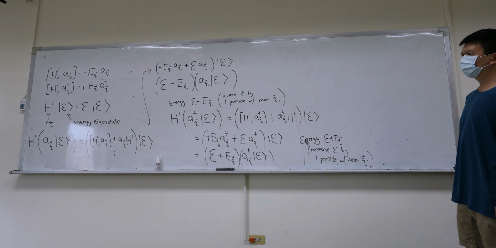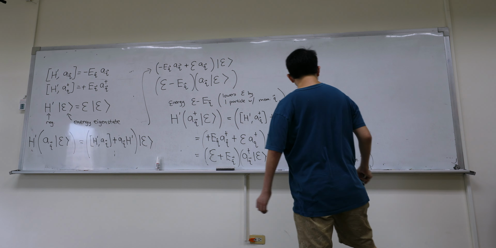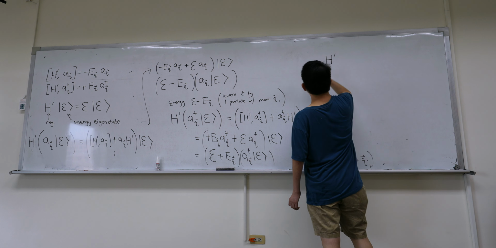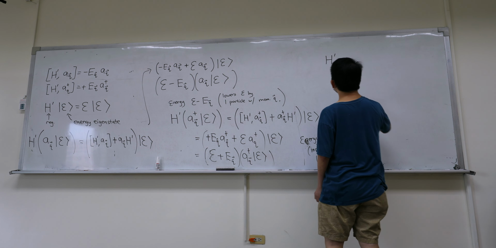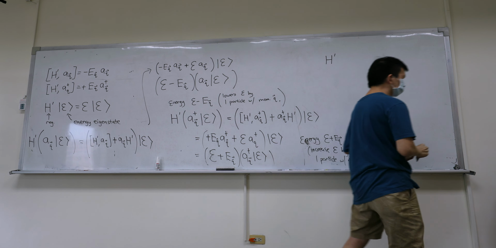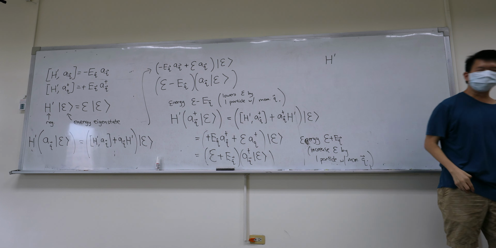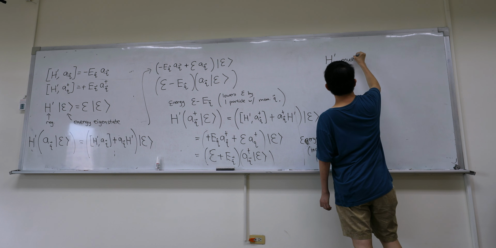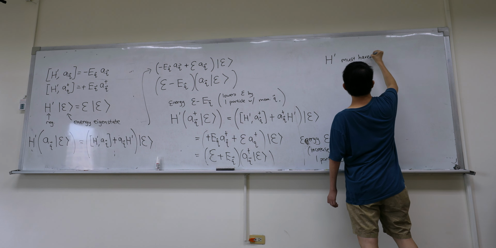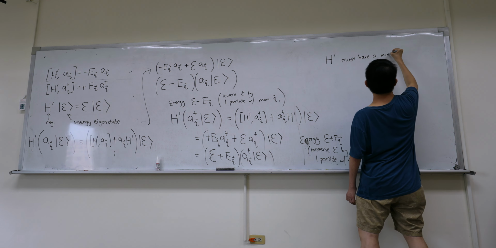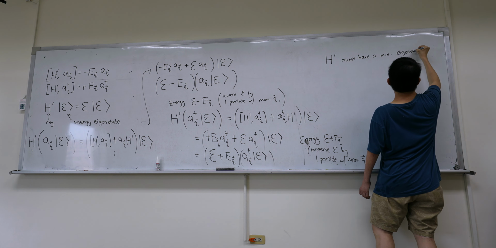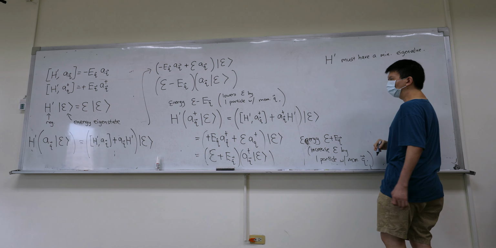Now, let's notice something which is also a crucial part of the argument, that H prime must have a minimum eigenvalue. Okay, why do you do this?